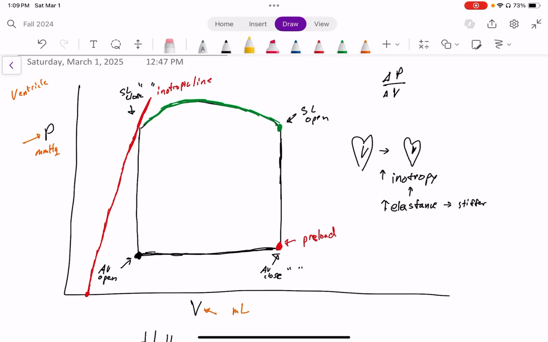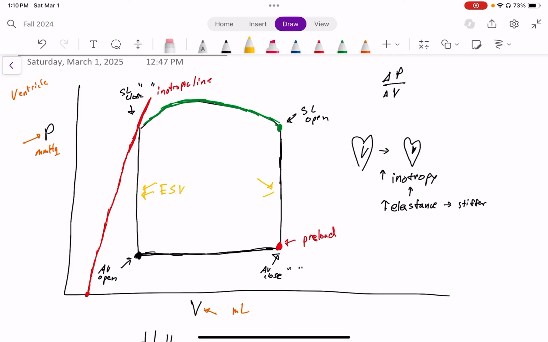Okay, so preload. Now, if you think about this line here, and this line here, this line right here represents the volume of blood, what the x-axis is, the volume of blood that is in the heart at the end of systole. So, in other words, that's end systolic volume.